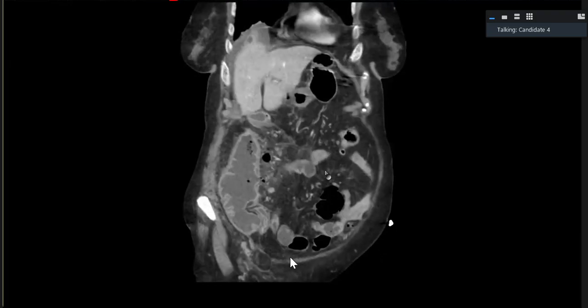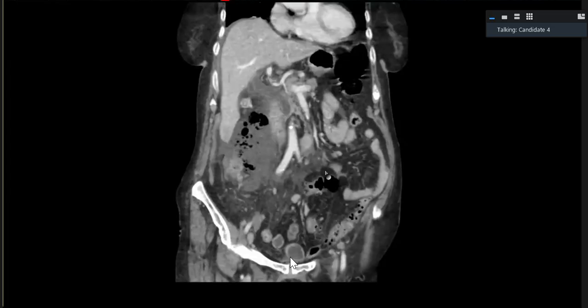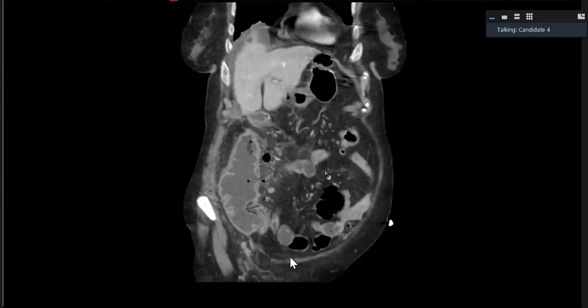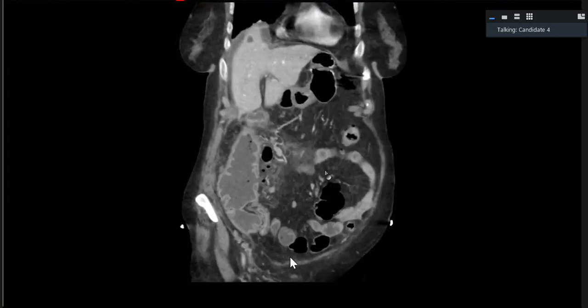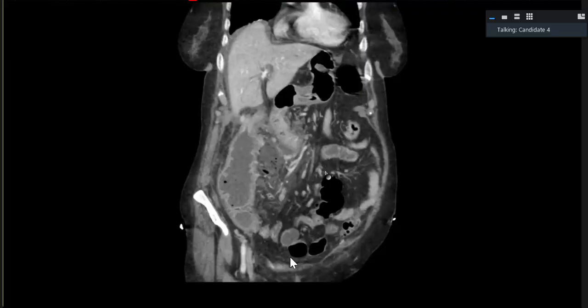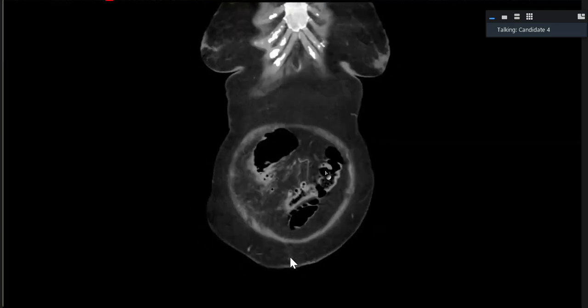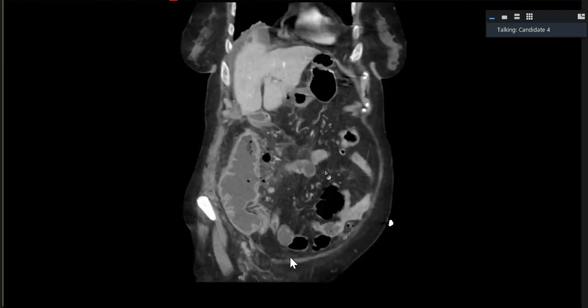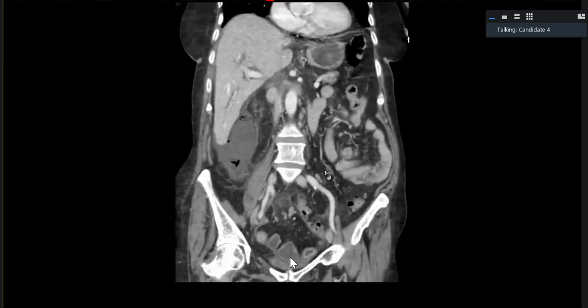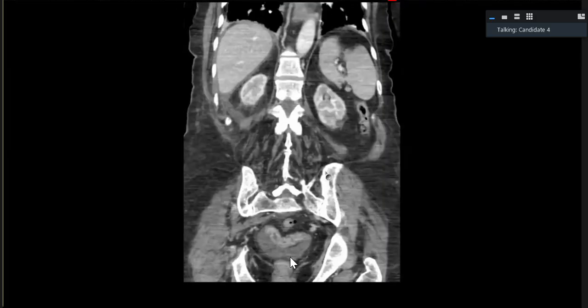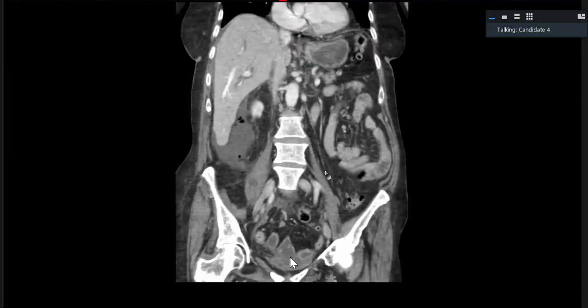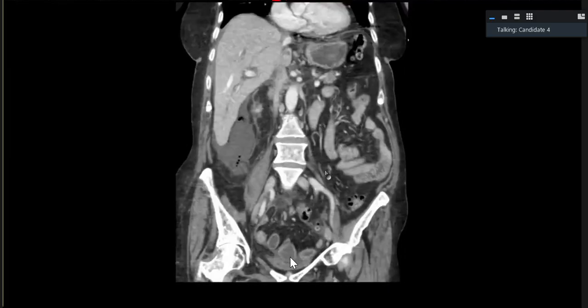There is associated significant fat stranding also appreciated. There is some stricture narrowing seen at the level of the hepatic flexure. However, the transverse colon is normal and the rest of the large bowel also appears collapsed, but few diverticulae are also appreciated along the descending colon and the transverse colon.